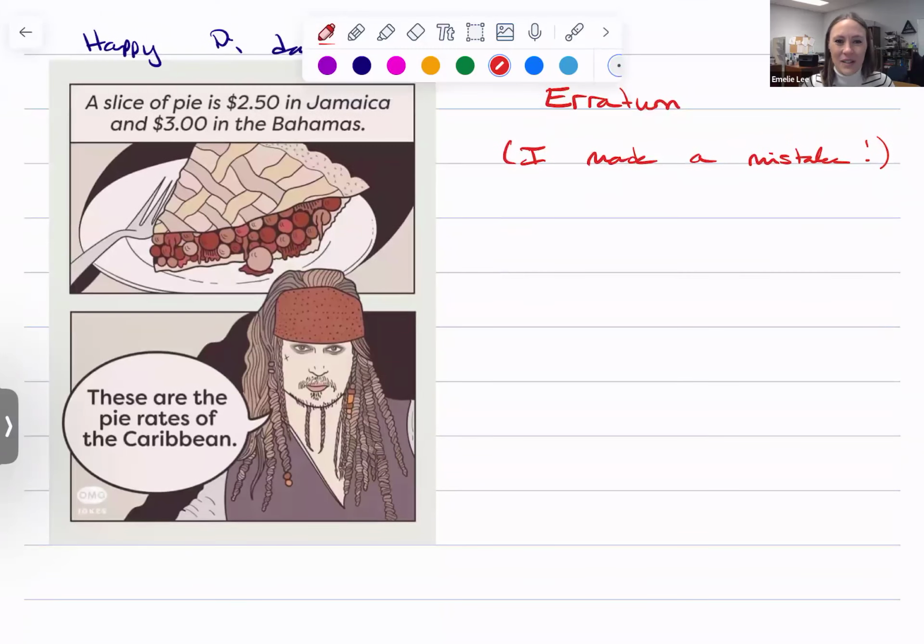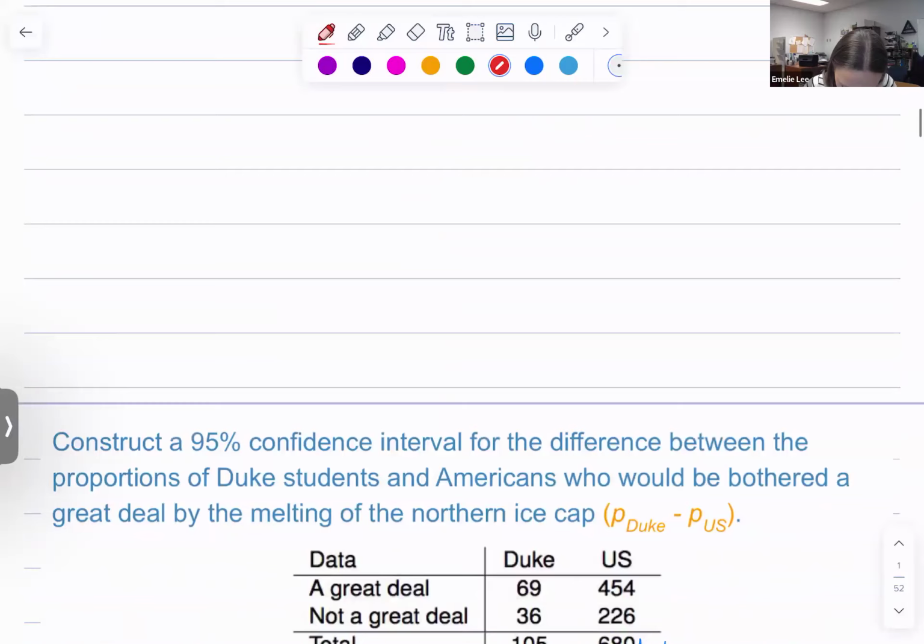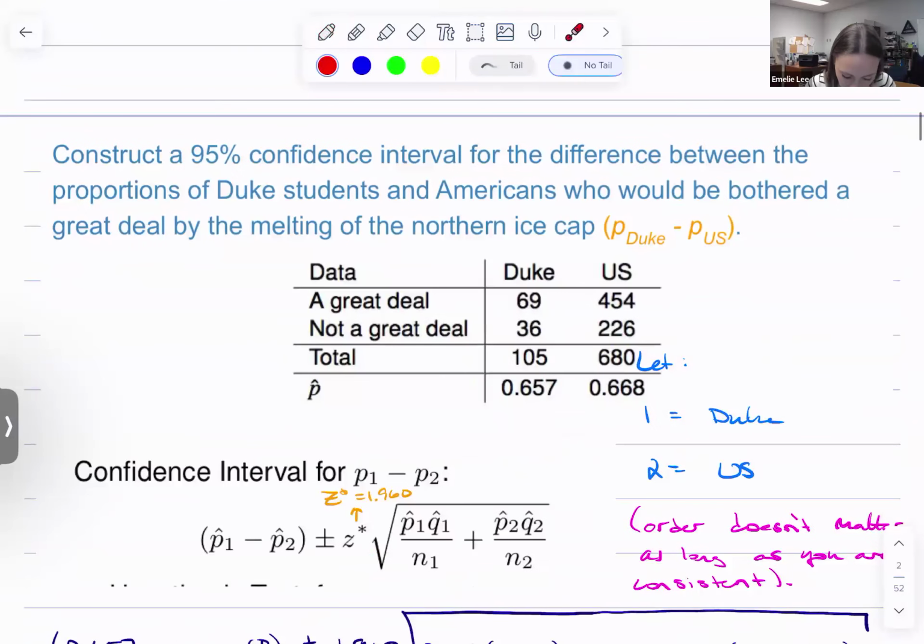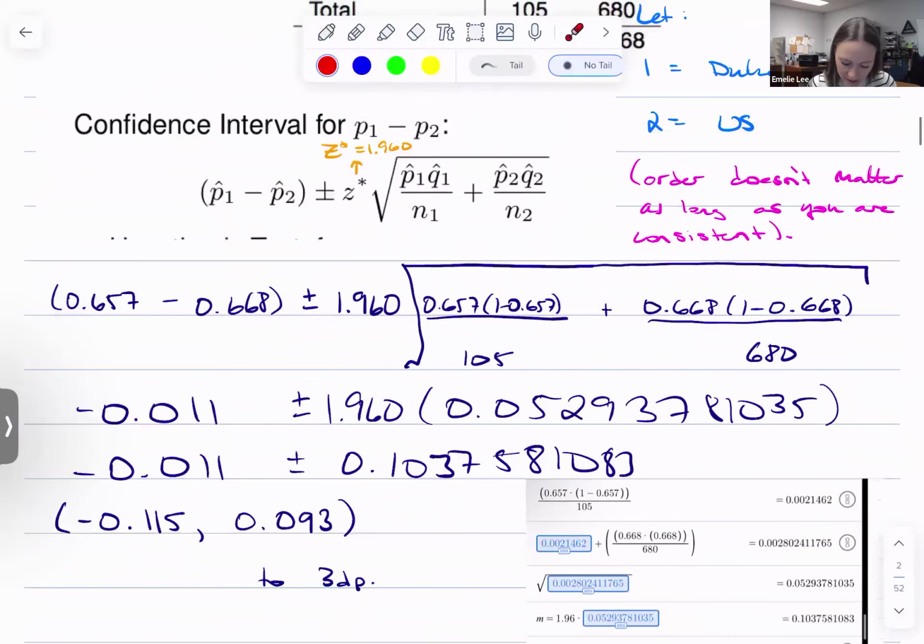Last day when we did our calculation for the confidence interval, I wrote it out properly: 0.657 times 1 minus 0.657, 0.668 times 1 minus 0.668.